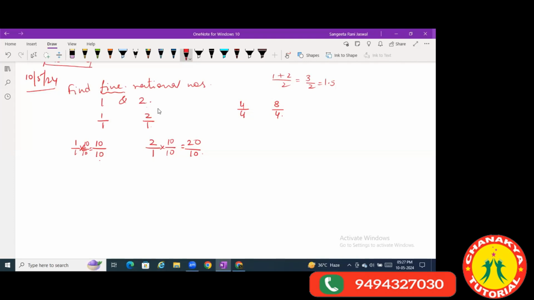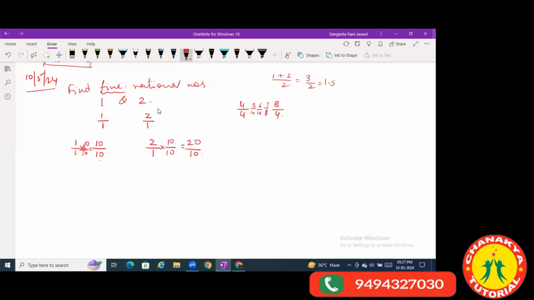I could take these numbers also, but I thought these numbers are small, and I will not get 5 rational numbers in between. I could get 5 by 4, 6 by 4, 7 by 4. That's it, I could get only 3 rational numbers. So I just multiplied with 10, so that I would get 5 numbers.